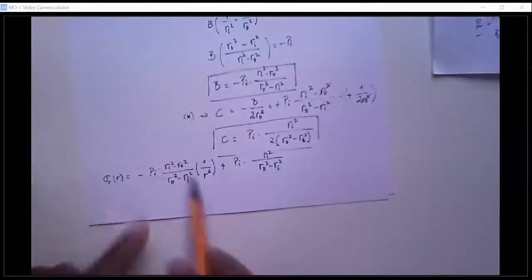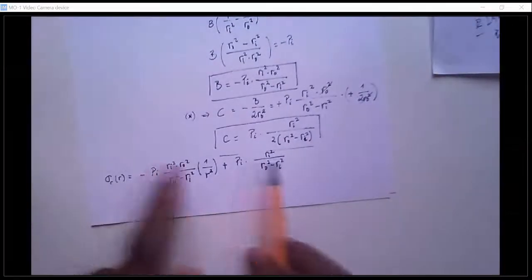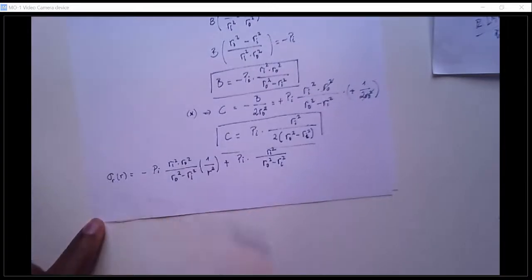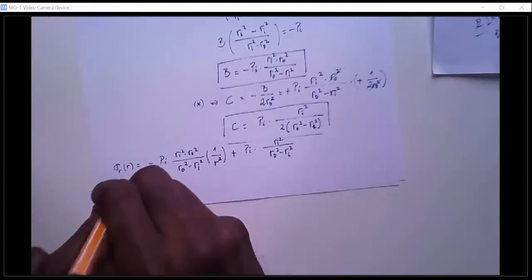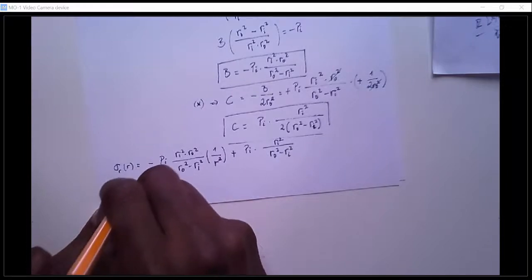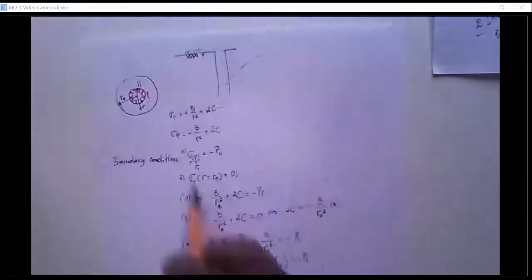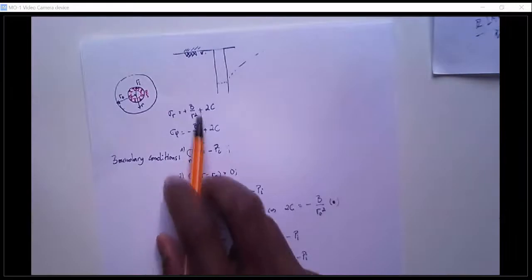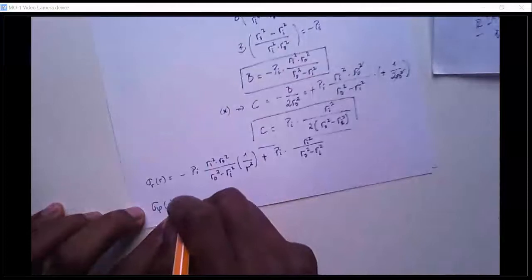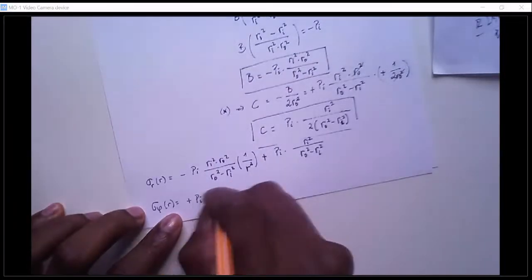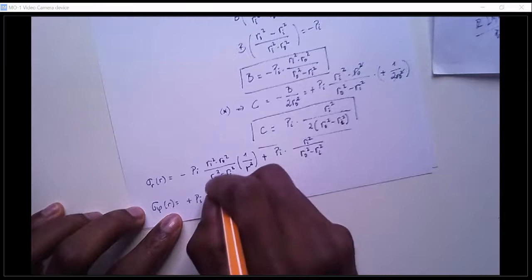Pi could be factorized, but you're still gonna have those two terms. So that's the stress in the radial direction, and to figure out the stress in the circumferential direction, we also have the formula. What changes is just the sign here, and it's basically the same. It's gonna be plus pi, and the rest is really just the same.